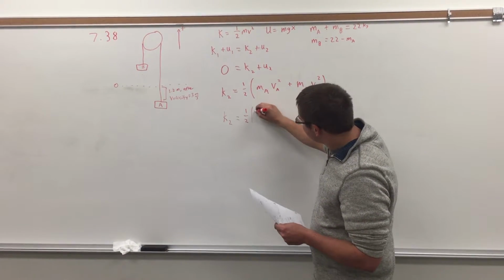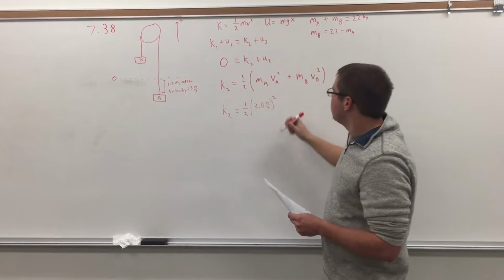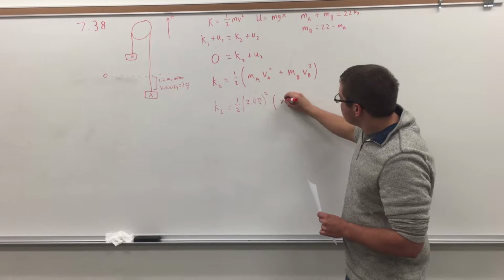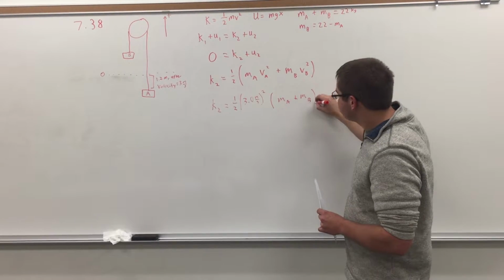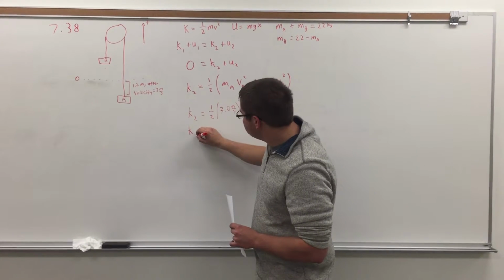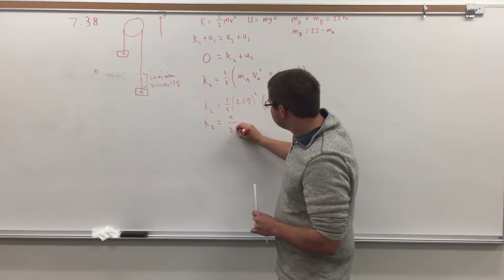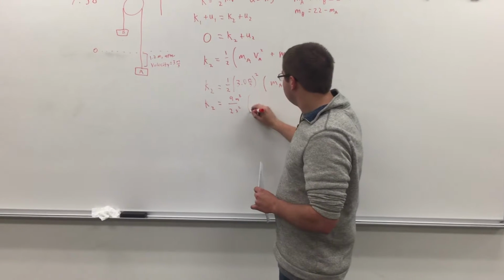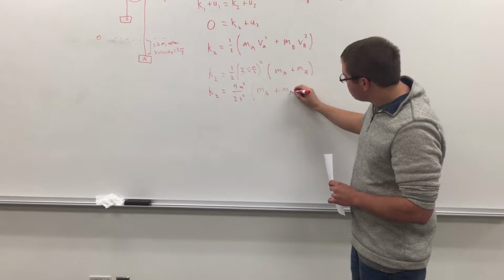So we're going to get 3 meters per second squared, which all I did was factor that out from the inside here, times the mass of A plus the mass of B. And so crunching these numbers here, we get K2 equals 9 over 2, or 9 meters squared over 2 seconds squared times the mass of A plus the mass of B.